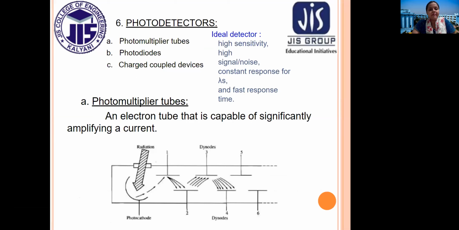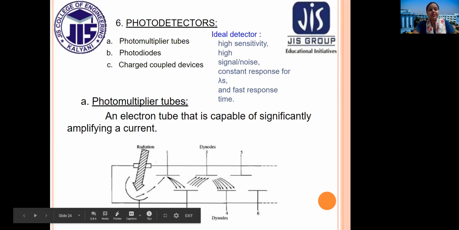Photodetectors may be photomultiplier tubes, photodiodes, or charge coupled devices. Now the properties of an ideal detector: it should have high sensitivity, high signal to noise ratio, constant response for any wavelength, and fast response in time. Now the photomultiplier tube.